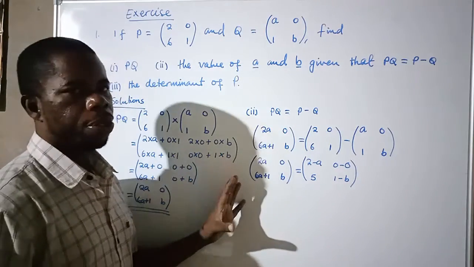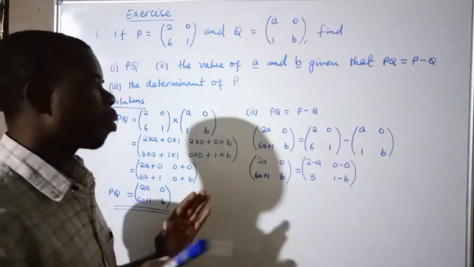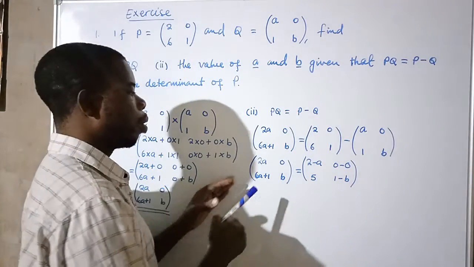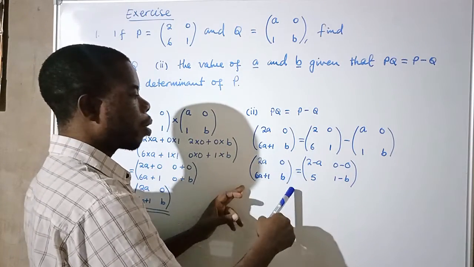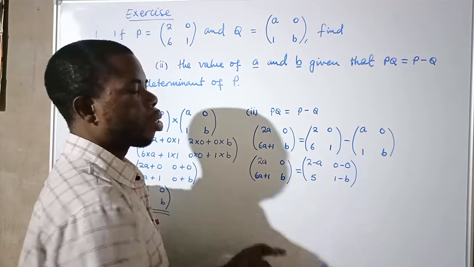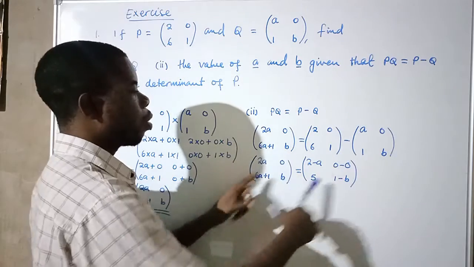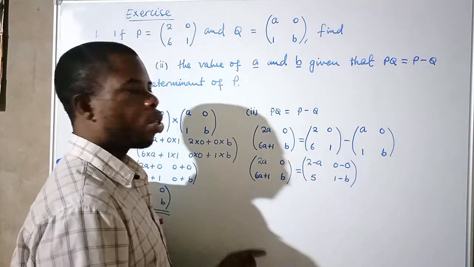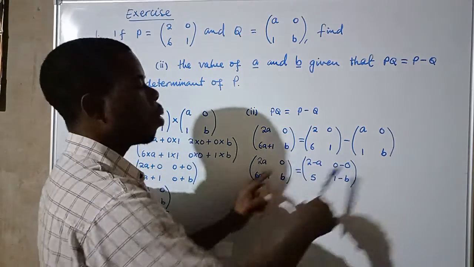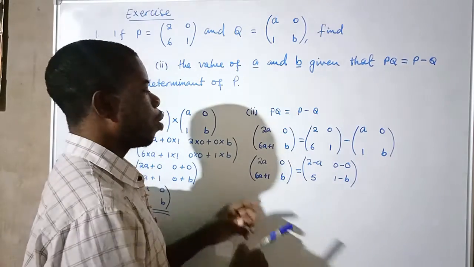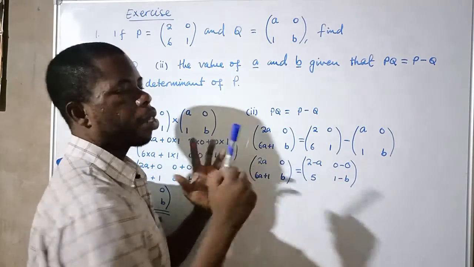Now, once we do this, we have come up with one matrix on this side. On this side, we have this matrix. On this side, we have that matrix. So in mathematics, what that means is this matrix is equal to that matrix. So if the two matrices are equal, that means also the corresponding elements are equal.